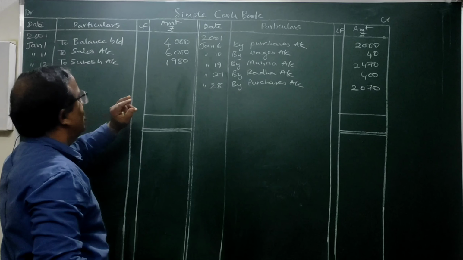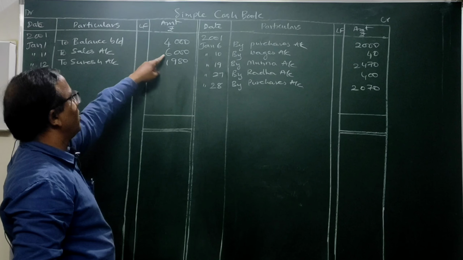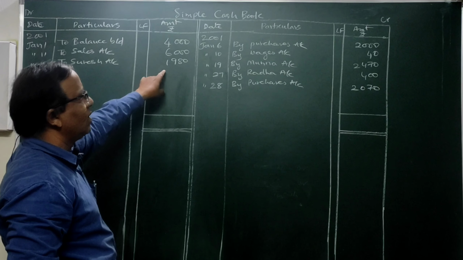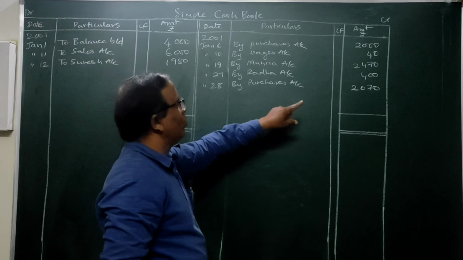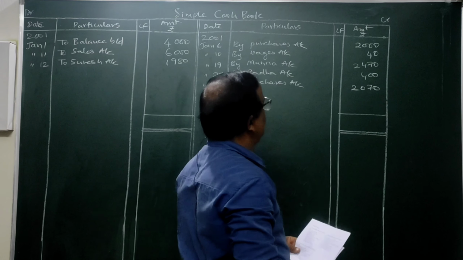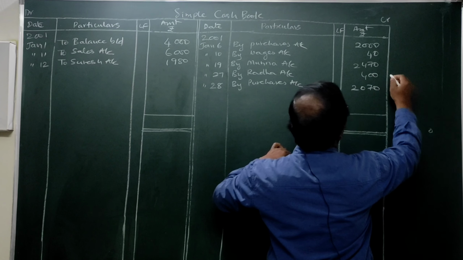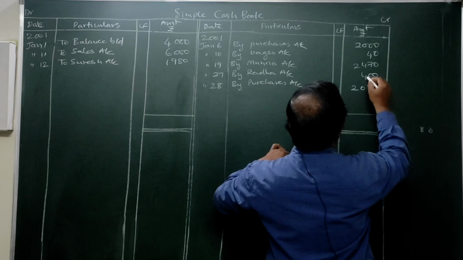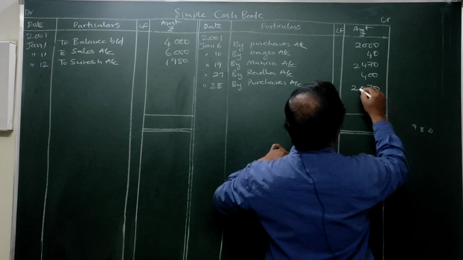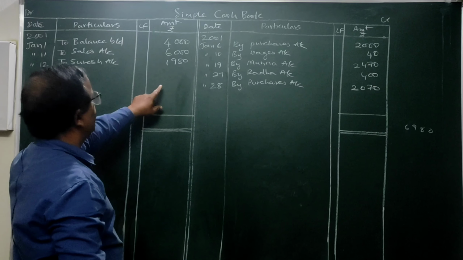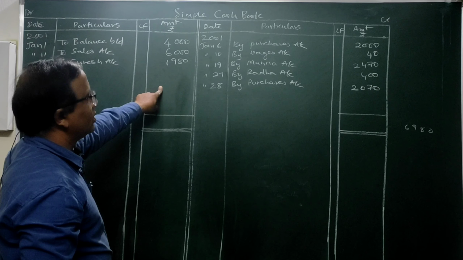Okay, by seeing only you can see here we are having 6,000 plus 4,000, 10,000 plus 1,000, 11,980 here. Whereas here how much you are having, you can check it. 0, 7 to the 14, 14 plus 4, 18, 1 carry means 8 plus 1, 9, 2 to 4, 6, 6,980 we are having on credit side, whereas on debit side we are having 11,980.